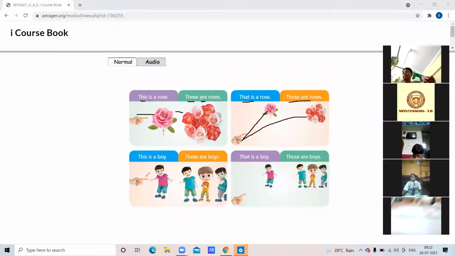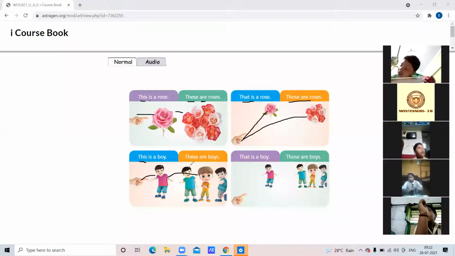Now see, the boy is standing here, but he is very near. What will we use? This is a boy. But the boys are three in number and they are standing near to us. What will we say? These are boys.